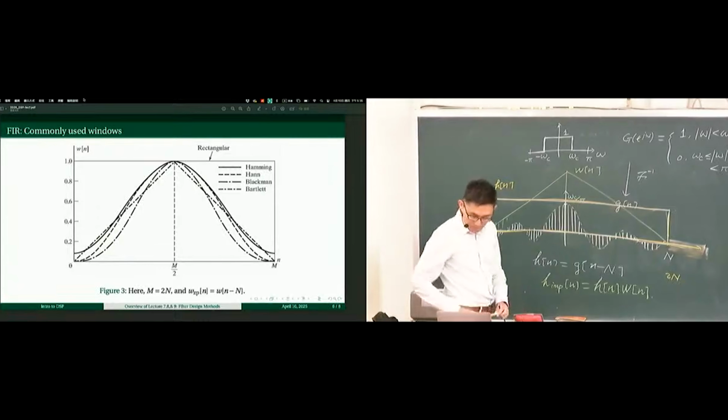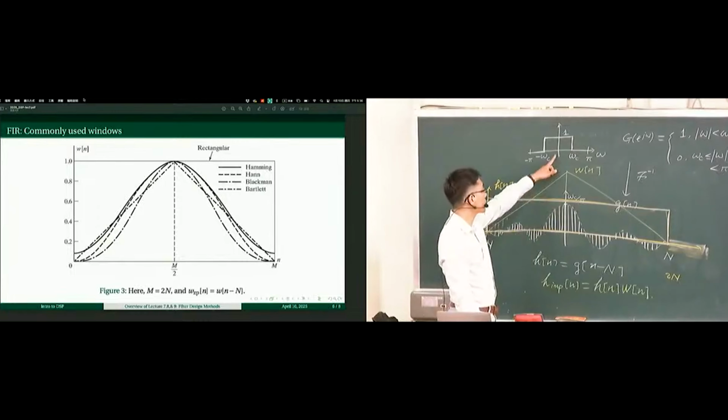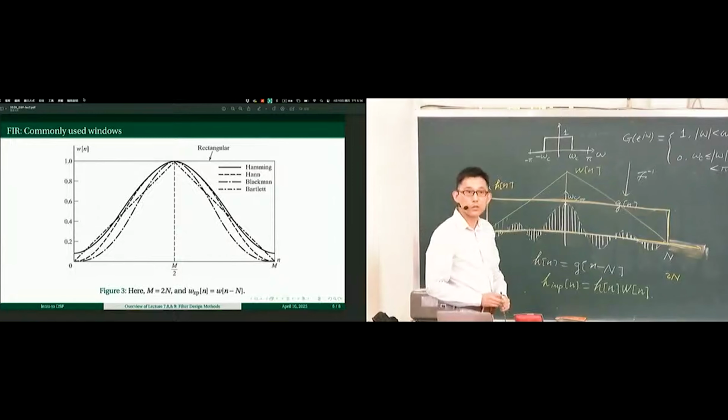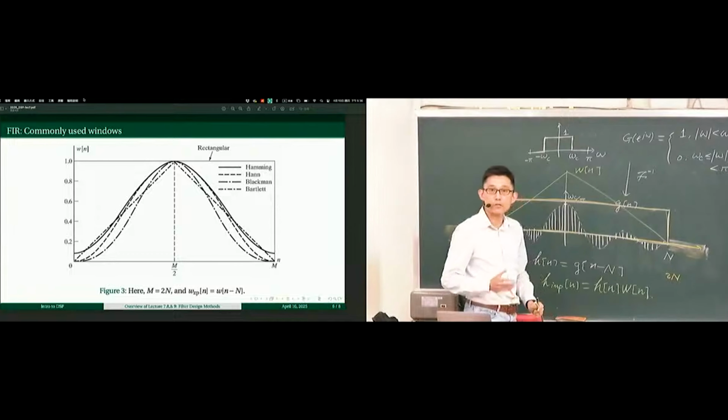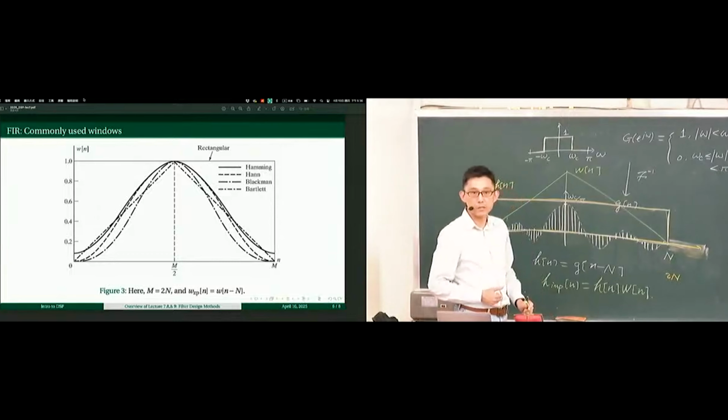In general, we know that your frequency response will be low pass but not ideal. So in the next slide, we are going to talk about how to evaluate the performance. Are there some performance indices for us to look at? All right, so far so good?